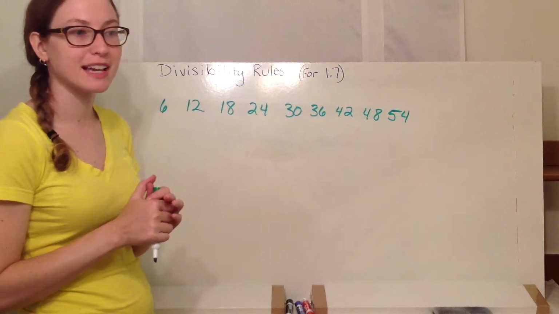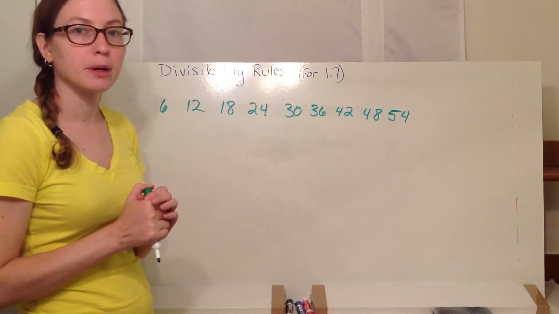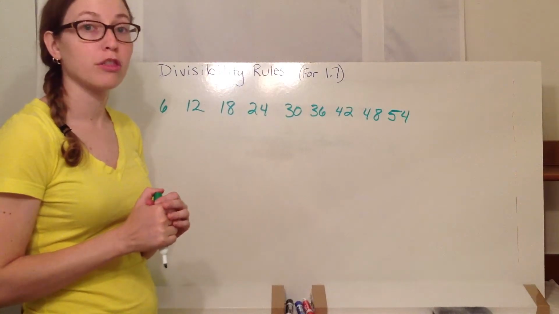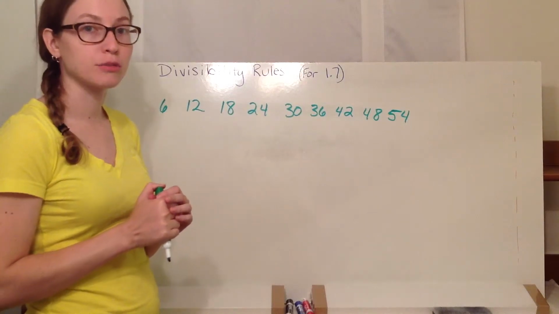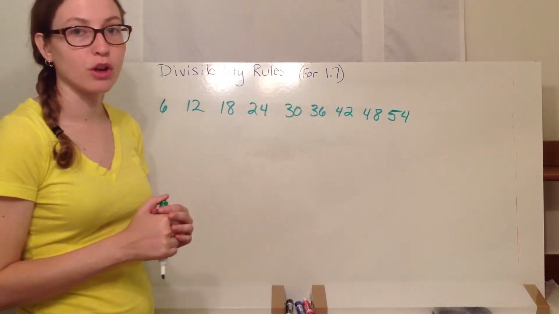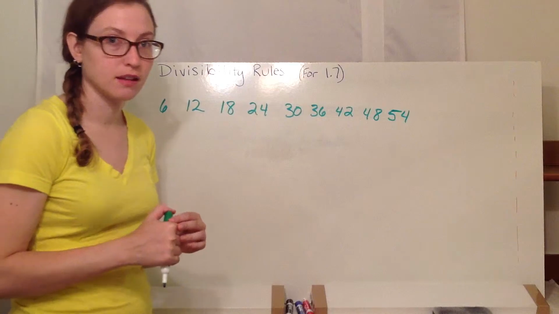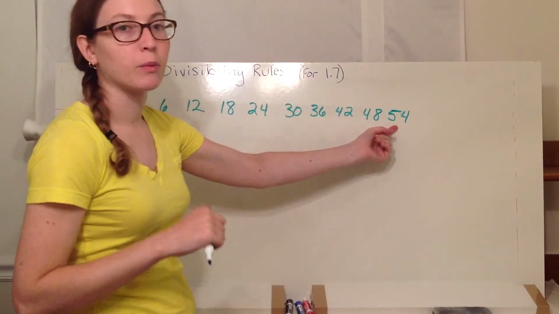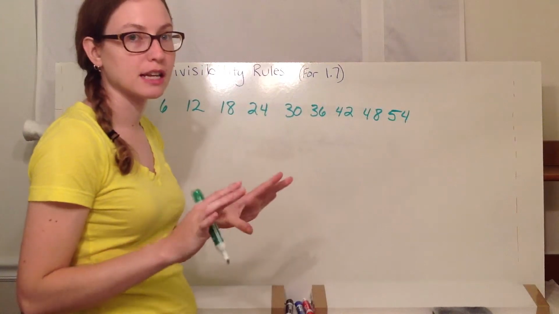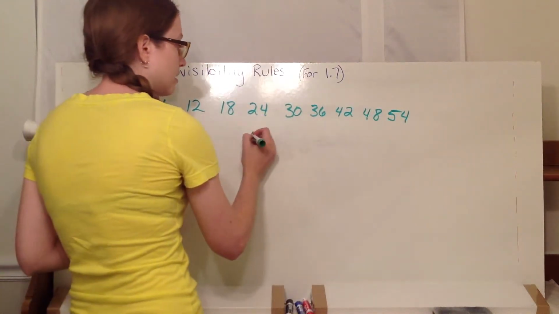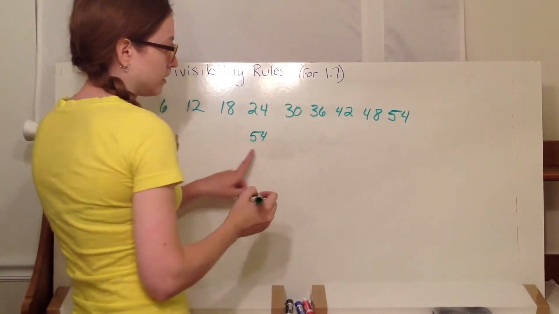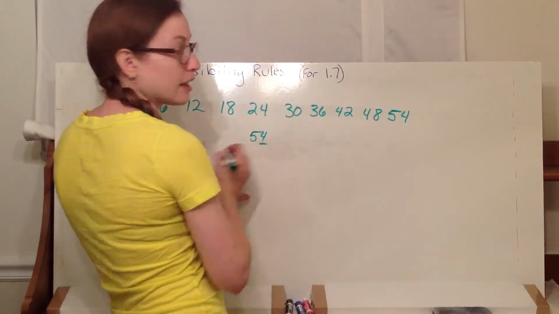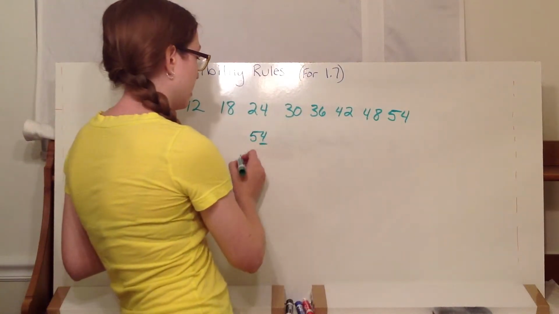So the rule for 6 is if a number is divisible by both 2 and 3, then that number is also divisible by 6. So if we're talking about 54 and we're not sure if there's a 6 in it, we can do this. 54, let's see, it ends in 4, so we know there is a 2.